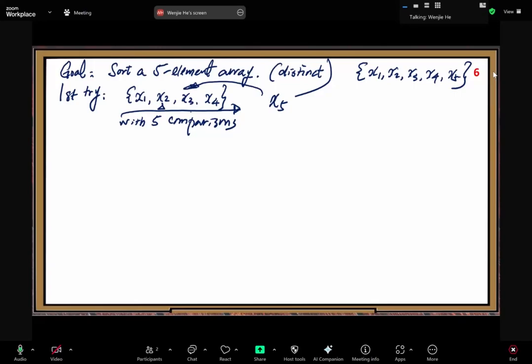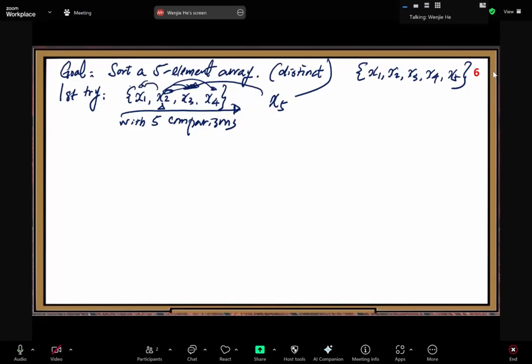If you compare X5 with X2 first, then you need to consider the worst case. The worst case is X5 greater than X2, so you need 2 more comparisons to find the right location for X5. You don't want to assume that's the case. That won't be the worst case.